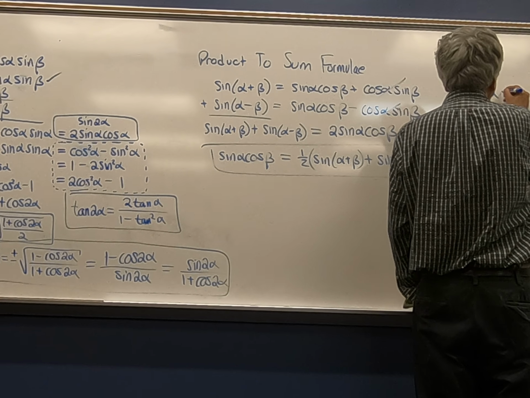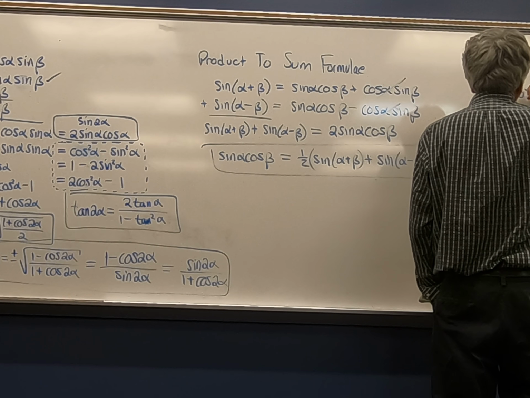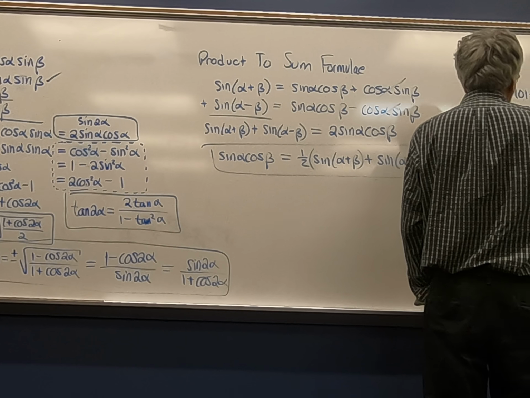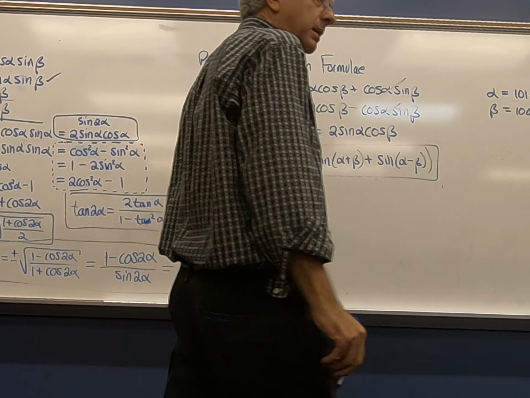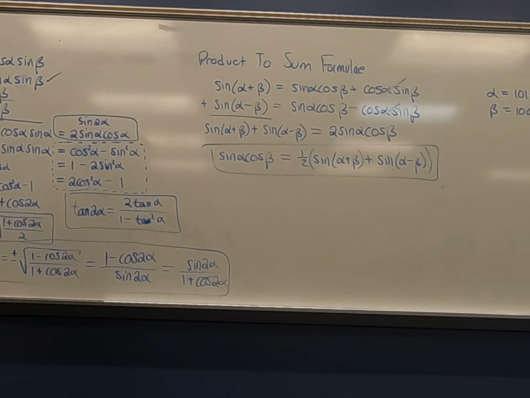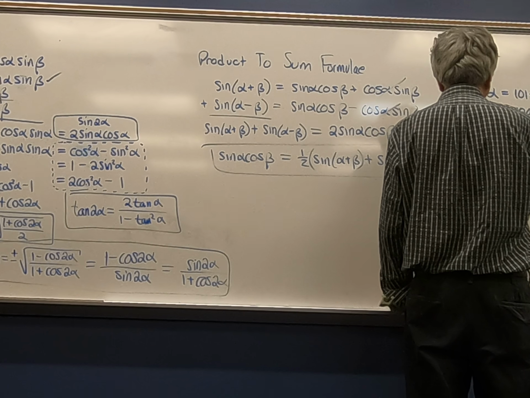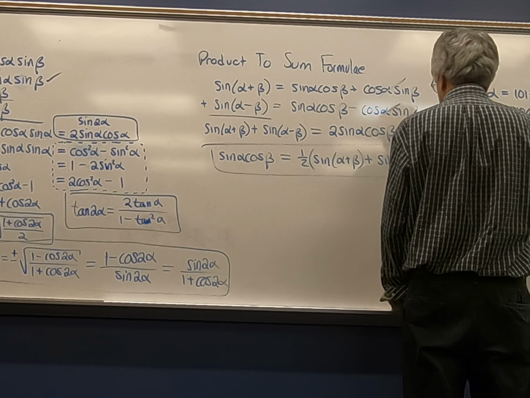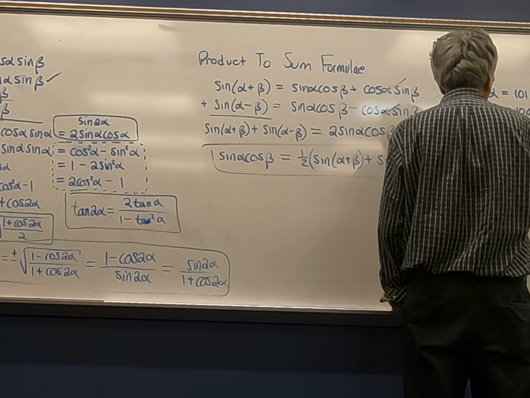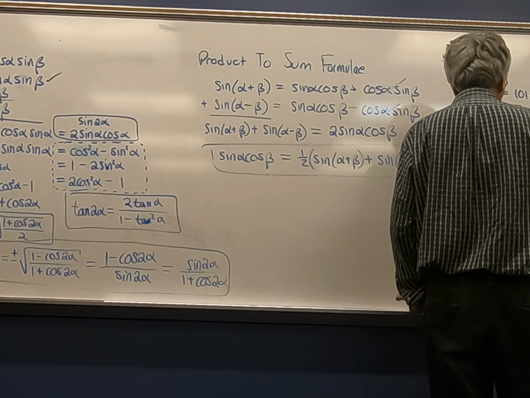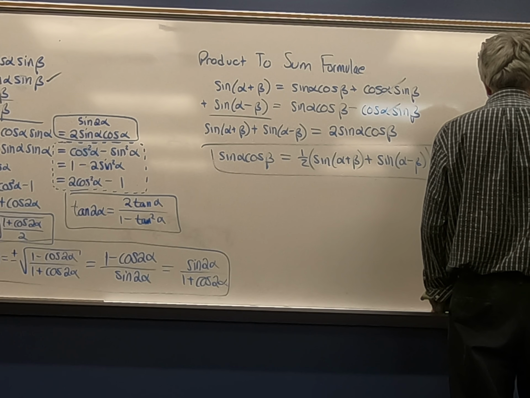So you've got alpha is 101t and beta is 100t. Here I'm thinking of t as time, right? So when I say sine of alpha, that's going to be sine of 101t, and cosine of beta is going to be cosine of 100t.